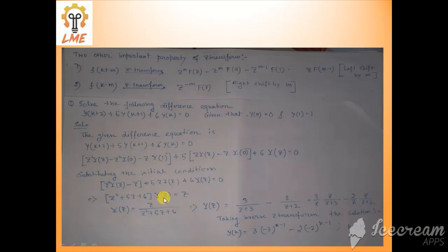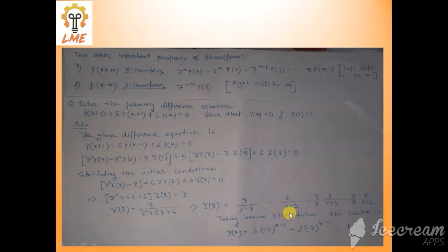Then (z square plus 5z plus 6) Y(z) is equal to z. From here you will get the value of Y(z). Now perform the partial fraction. I hope you know how to solve the partial fraction, that is why I am not discussing it here. So Y(z) is equal to 3 by (z plus 3) minus 2 by (z plus 2).